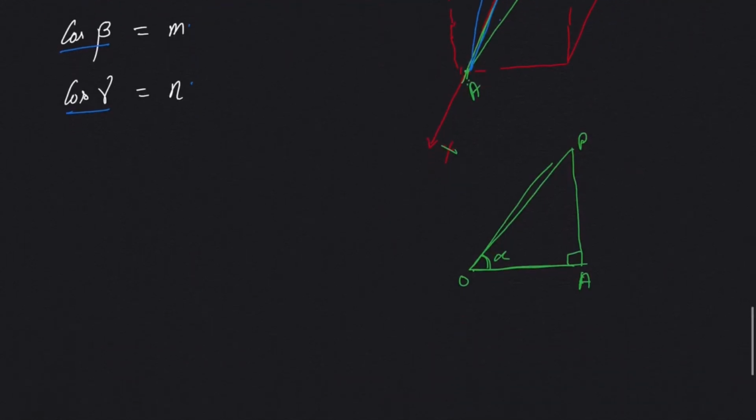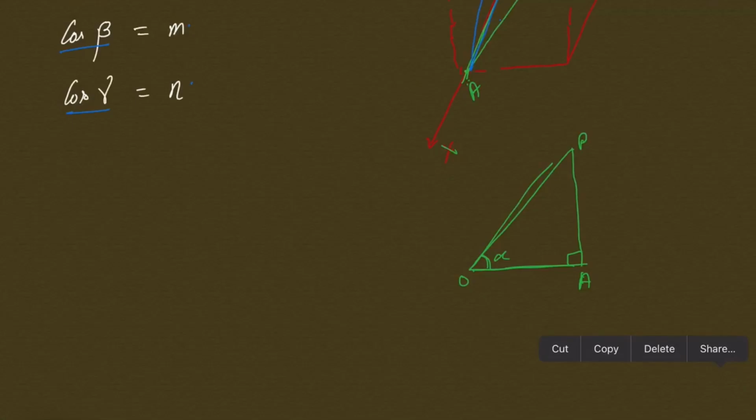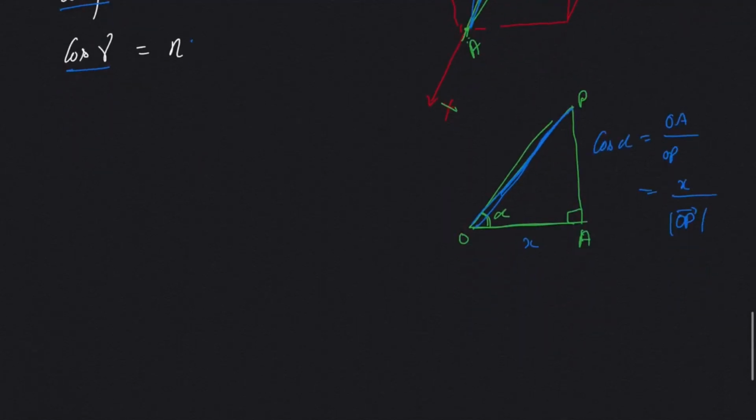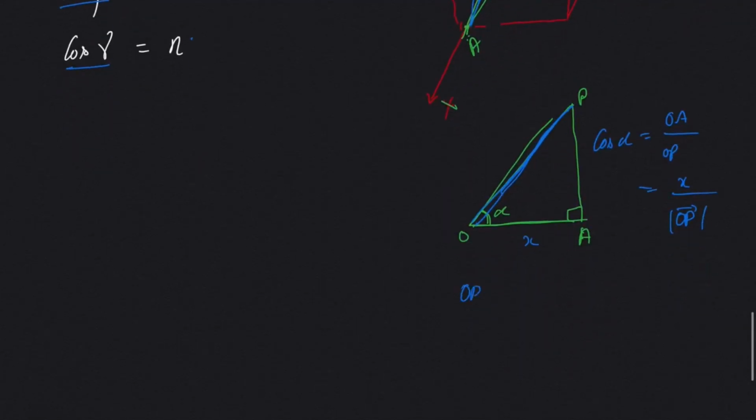Now what is OA? OA is the x that I've written before, so this will be x. How do we calculate cosine? Cosine of an angle is the base by the hypotenuse OP. OA is x, and OP is the magnitude of the position vector. How do we calculate OP?